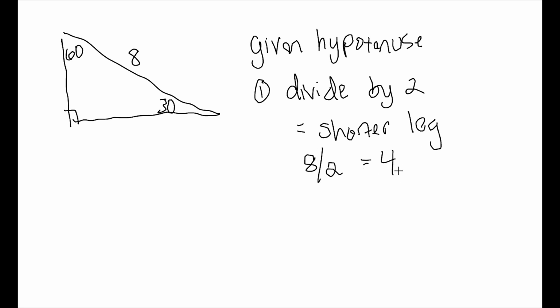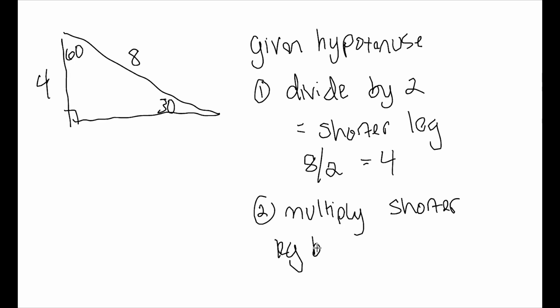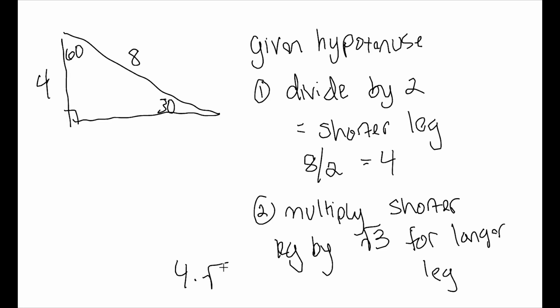And that means my shorter leg across from 30 is 4. Multiply the shorter leg by radical 3 to get the longer leg. So 4 times the square root of 3 gives me the leg that's across from 60.